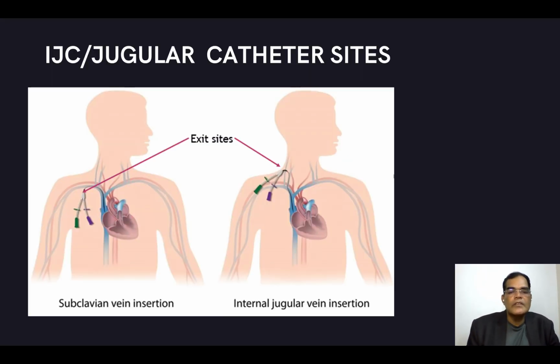So once the catheter is placed, it will be like this, either in the internal jugular or in the subclavian. These are the locations used for these two catheters. This can be a temporary catheter, and this can be a tunneled one, a perm cath, for a longer time.